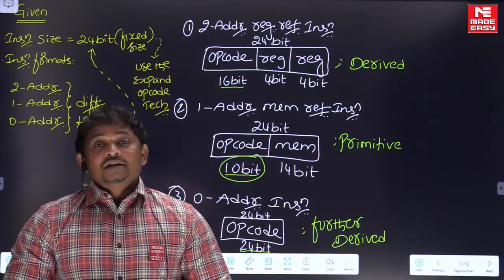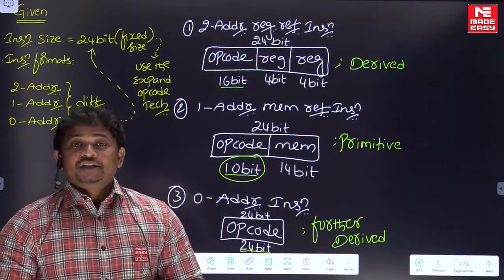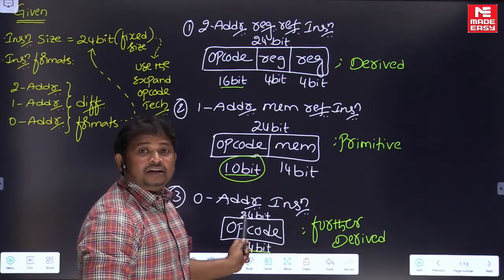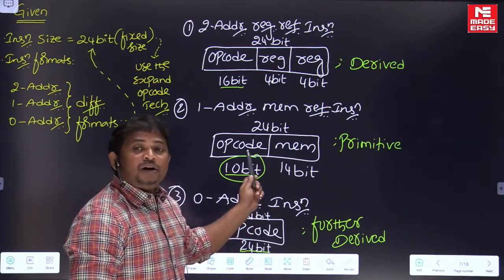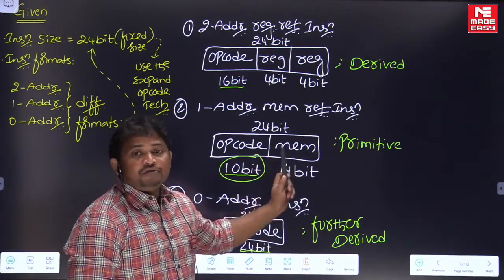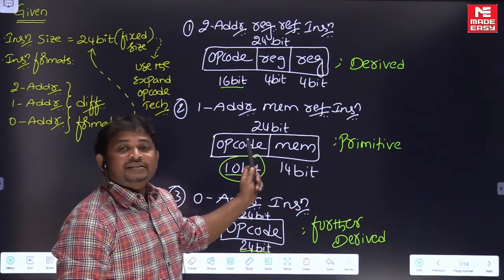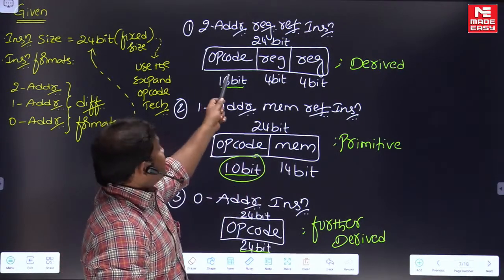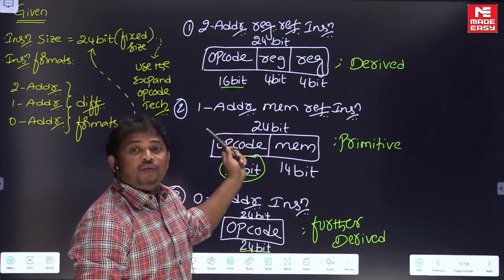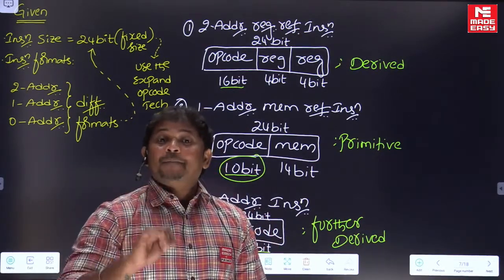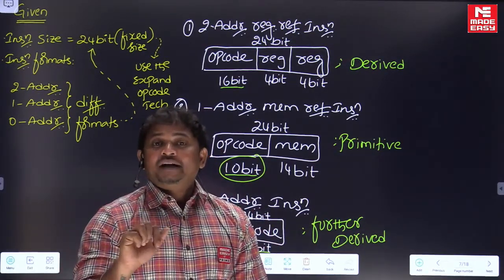Okay, students, maybe some students have a doubt: sir, here different sizes of opcodes are there, that's why you separated primitive, derived, further derived. Suppose 2 opcode sizes are the same. Assume the 2 address instruction opcode is 16 bit, and the 1 address instruction opcode is also 16 bit. Then how can you decide the primitive and derived?